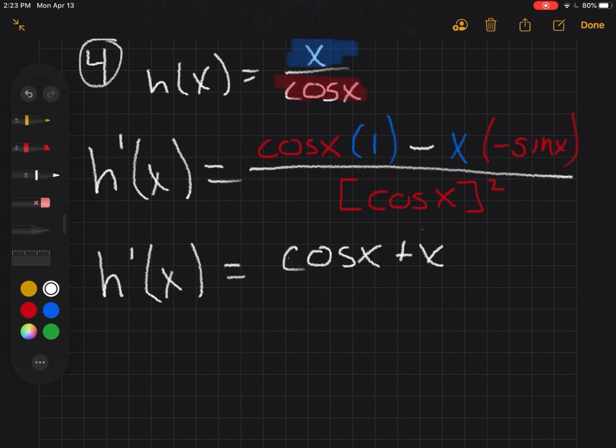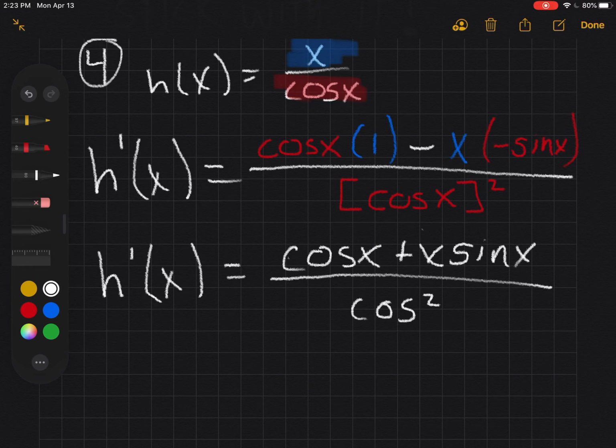So what that looks like is I take the whole thing that's down there, cosine of x, and I square it. So let me simplify this a little bit. That gives us h prime of x equals cosine of x plus x sine x, all divided by cosine squared of x.